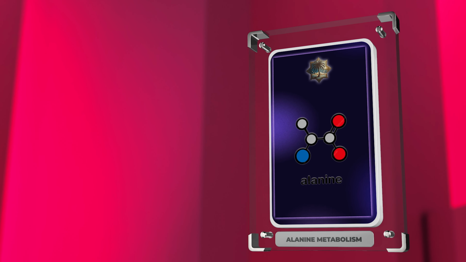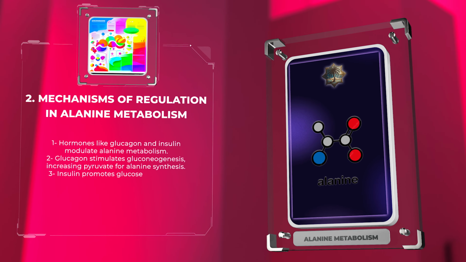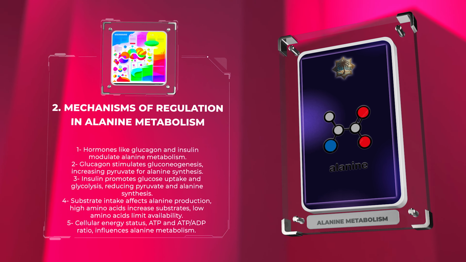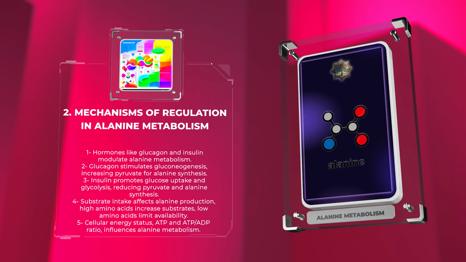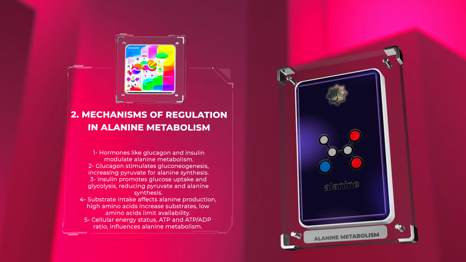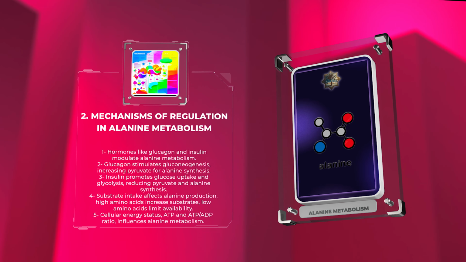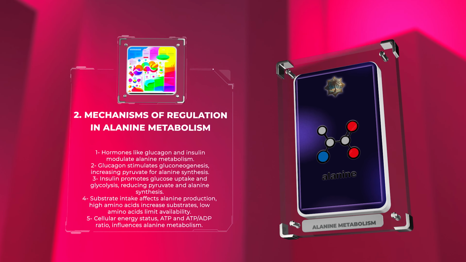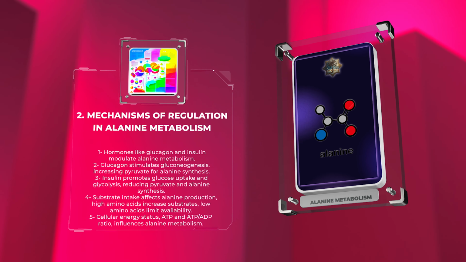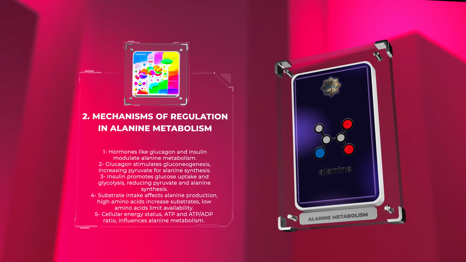Regulation of alanine metabolism involves hormonal control, substrate availability, and cellular energy status. Hormones like glucagon and insulin modulate enzyme activity. Glucagon stimulates gluconeogenesis, increasing pyruvate for alanine synthesis, while insulin promotes glucose uptake and glycolysis, reducing pyruvate and alanine synthesis.